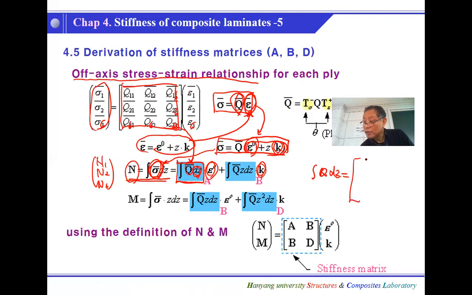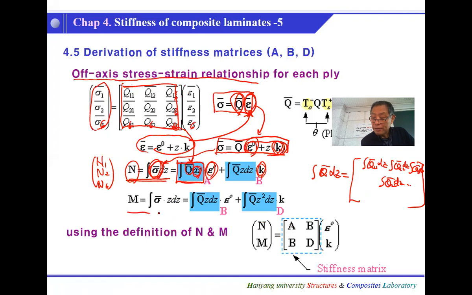Component-wise, integration Q11 dz, integration Q12 dz, integration Q16 dz. Okay, integration Q22 and so on. Okay, this is the mathematical expression of Q bar dz. Okay, we have a 3 by 3 and we do need to integrate each term. But understanding-wise it is much easier to use this Q as a matrix.